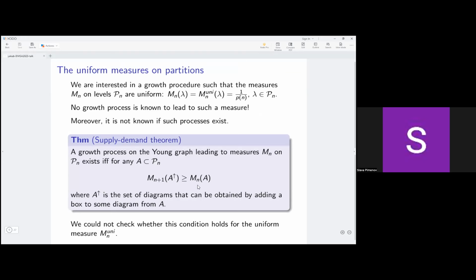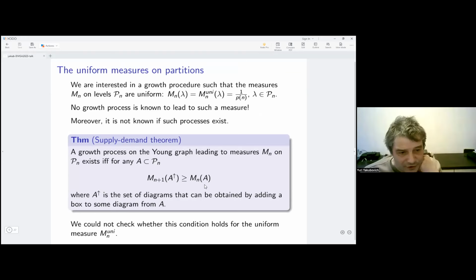Yes, surely if you take A consisting of just one diagram, it is true, because then this is the relative size of A, so it's 1 over p(n).